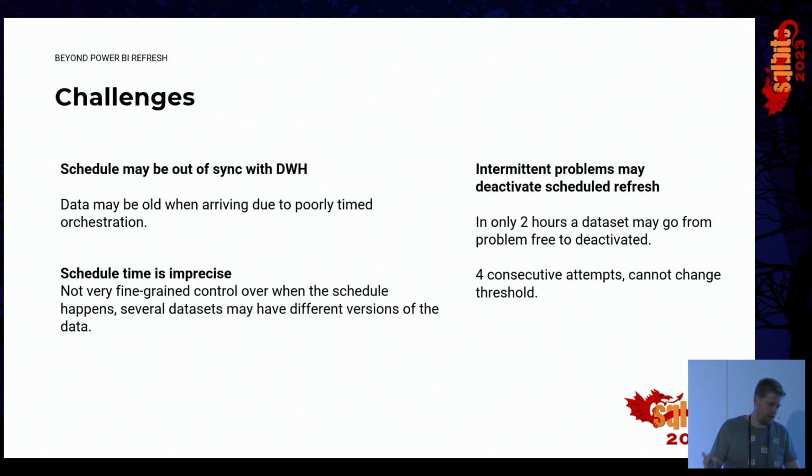So let's say our data warehouse starts doing its thing at 8. And then around 20 minutes past 8, it's done. But Power BI, well, we need some buffer time, and we can only say, let's say it's done 35 minutes after 8. And we need our buffer time, so we of course set it to 9. And already there, 25 minutes wasted.